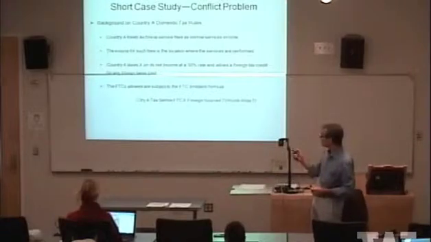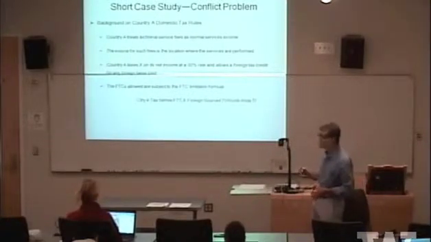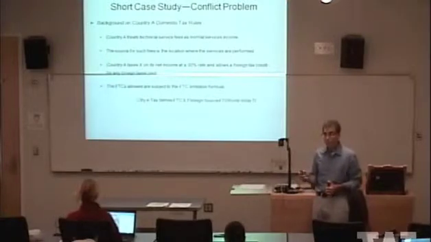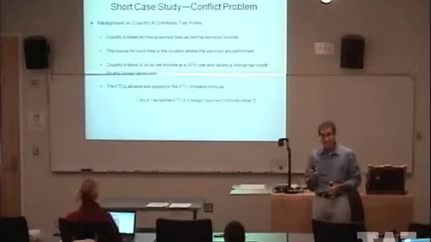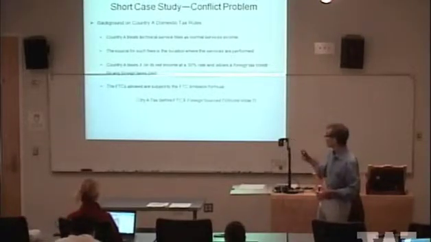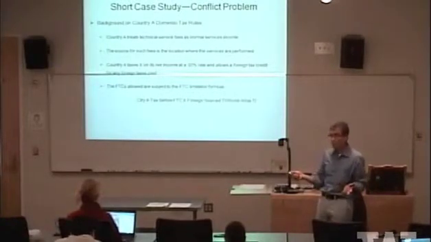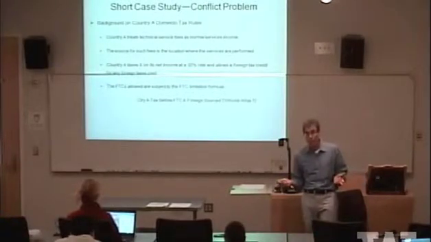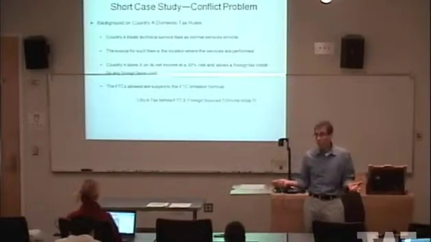And as a result, because the rule for services on source is the location where the services are performed, Country A, of course, would say, well, you perform the services solely inside Country A at your place of business.